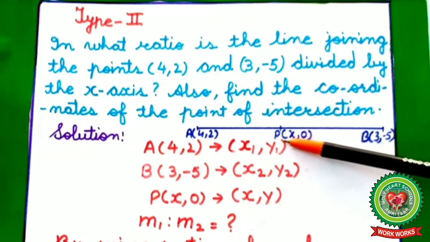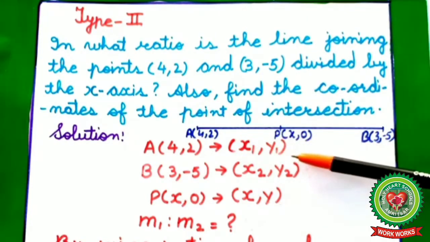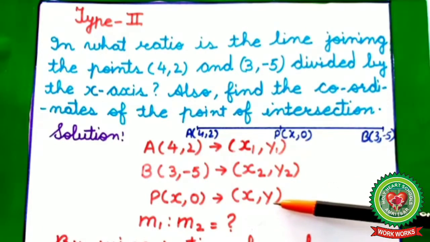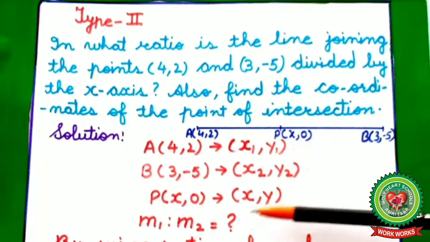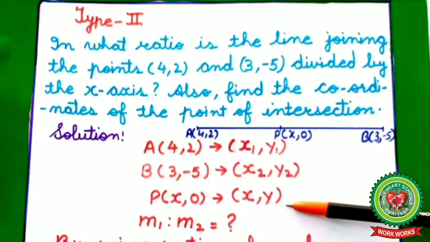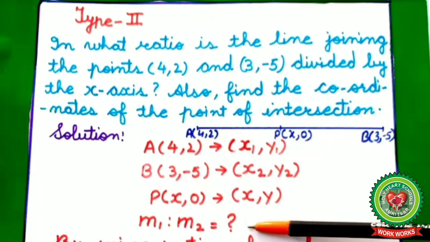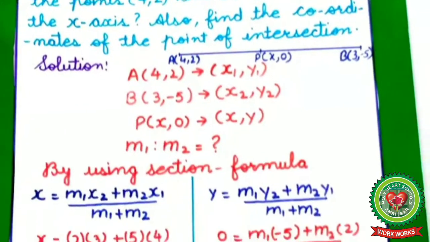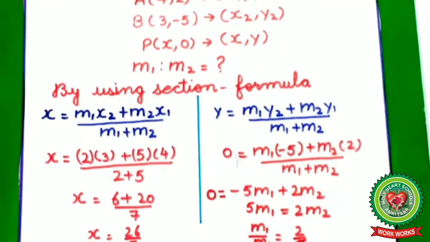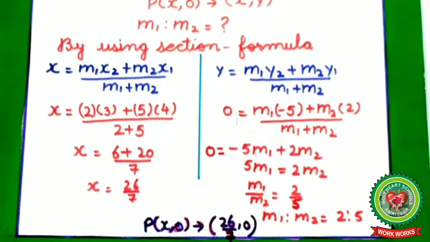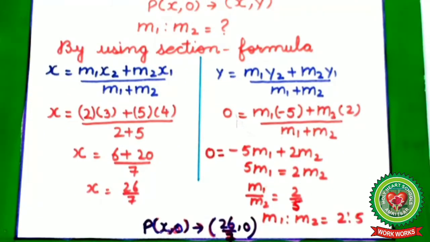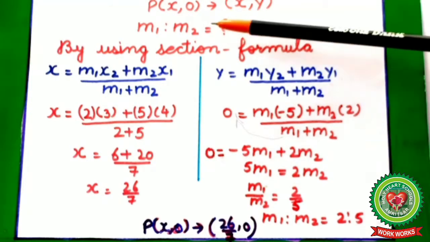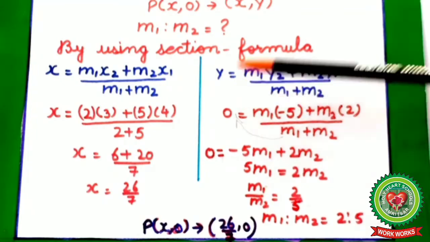So according to this, point A is x1 y1, B x2 y2, the dividing point is x and 0, that is x and y, and we have to find the ratio first, m1:m2. Now by using section formula here, first of all, the value of y is 0 given, so we have to solve y first.